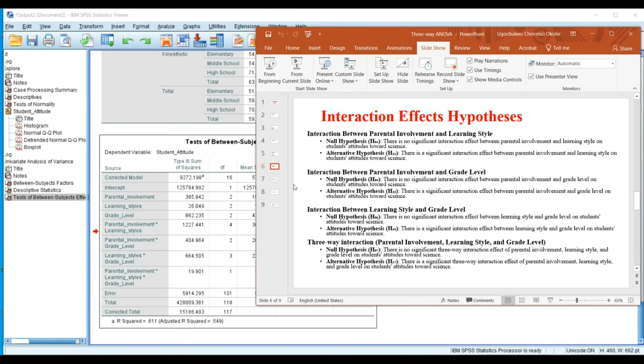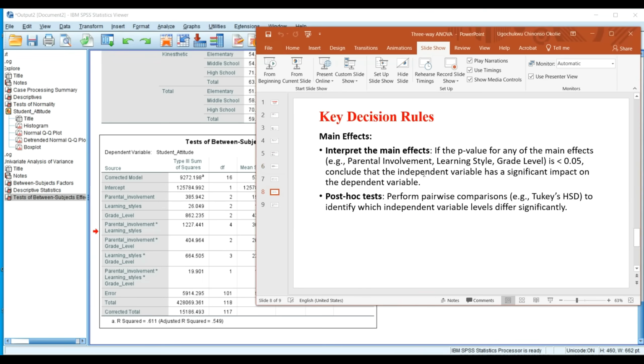What this tells us is, if the p-value for any of the main effects, for example parental involvement, learning style, and grade level, is less than 0.05, conclude that the independent variable has a significant impact on the dependent variable. Then you go for post hoc test to identify which independent variable levels differ significantly.